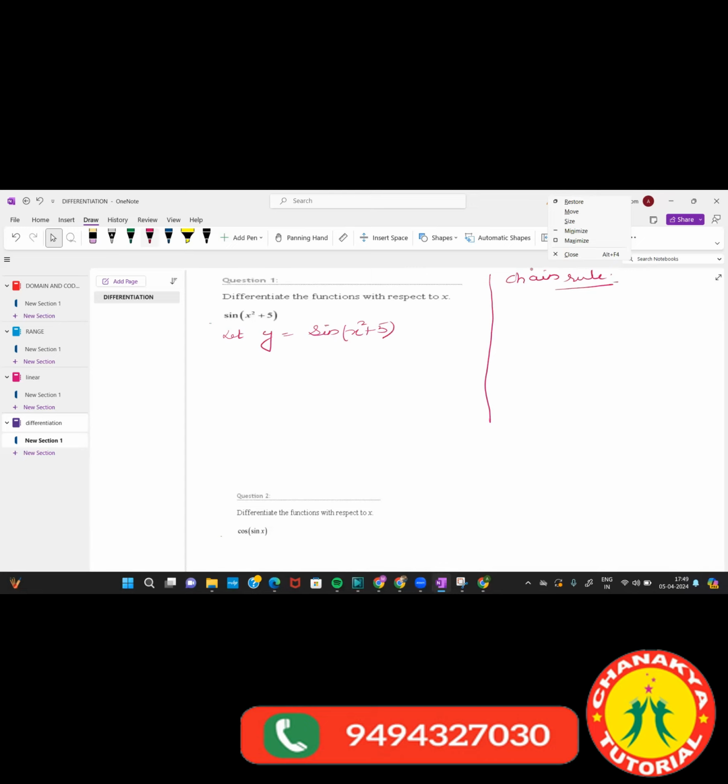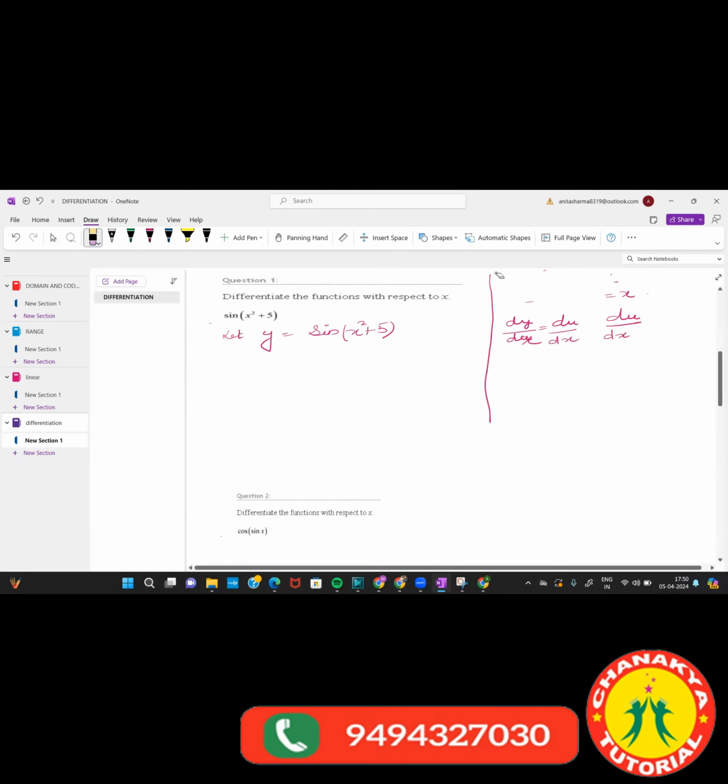Chain rule is basically, suppose you have y is equal to u, u is equal to x, like this, so dy by dx is equal to dy by du times du by dx. Let me explain this by example only, otherwise you will be confused.